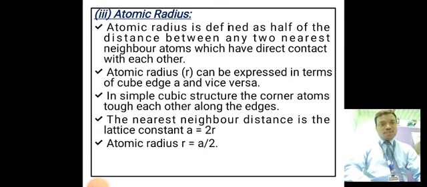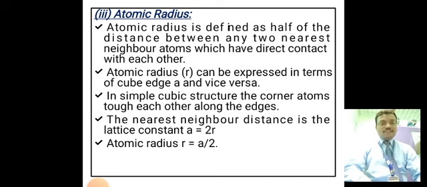In simple cubic structures, the corner atoms touch each other along the edges. So the nearest neighbor distance is the lattice constant a, which is equal to 2r. Therefore the atomic radius r equals a divided by 2, half of the lattice constant.